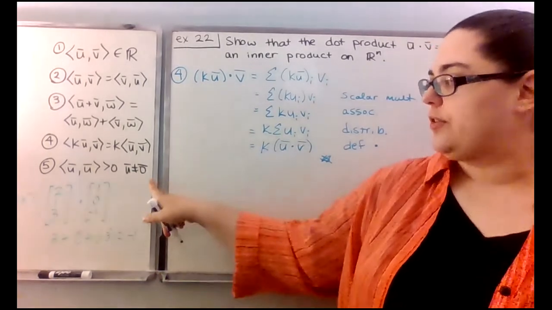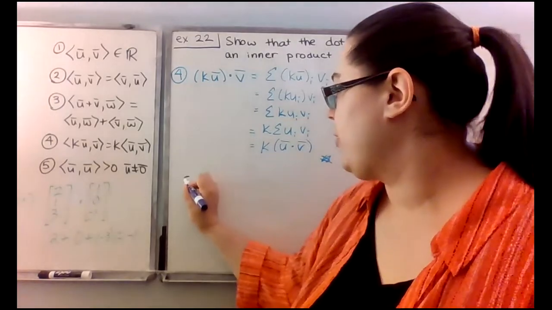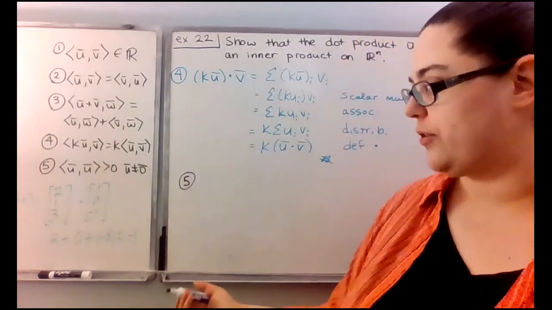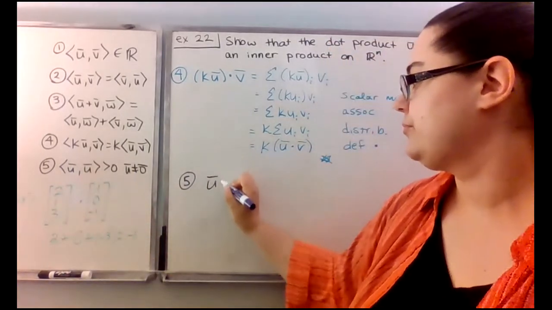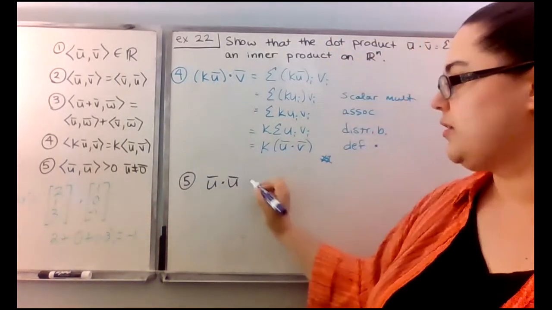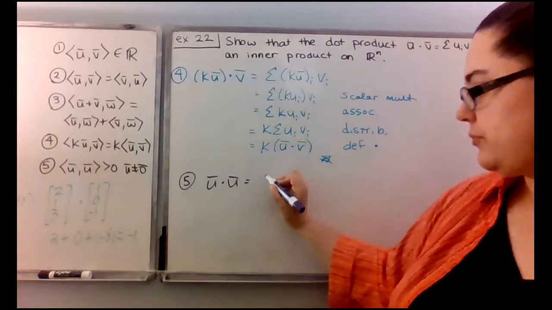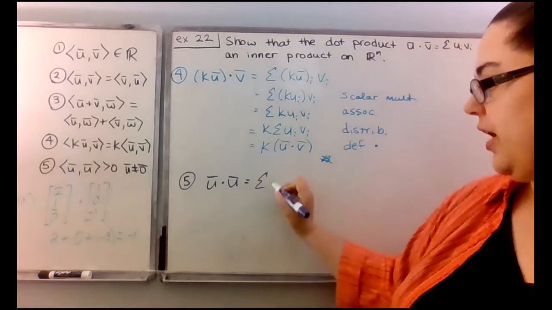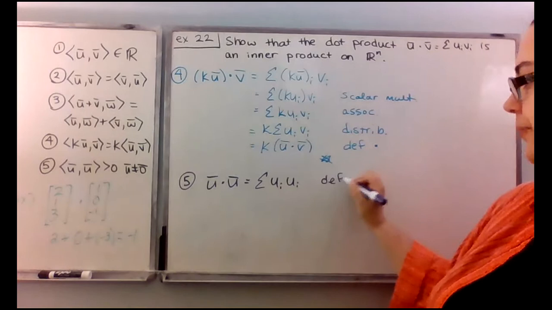The proof for the last one, for number 5, is a little different. So we're going to start out for that one, as we've been doing, by starting out with u dot u and seeing what we got here. So when I do u dot u, that's going to be the sum over i of u_i times u_i. That's our definition of dot.